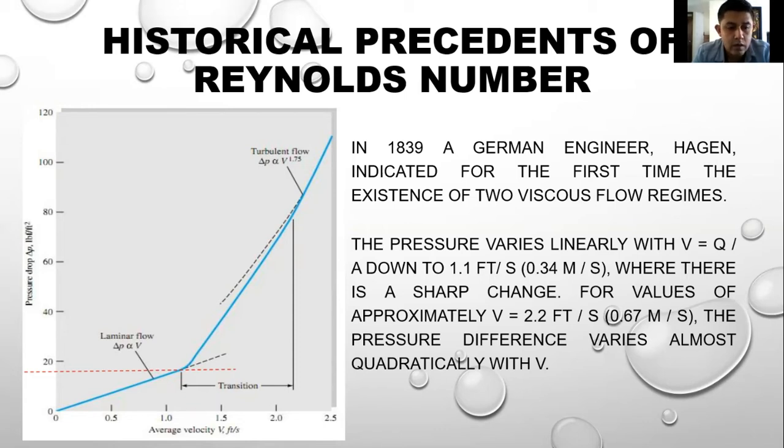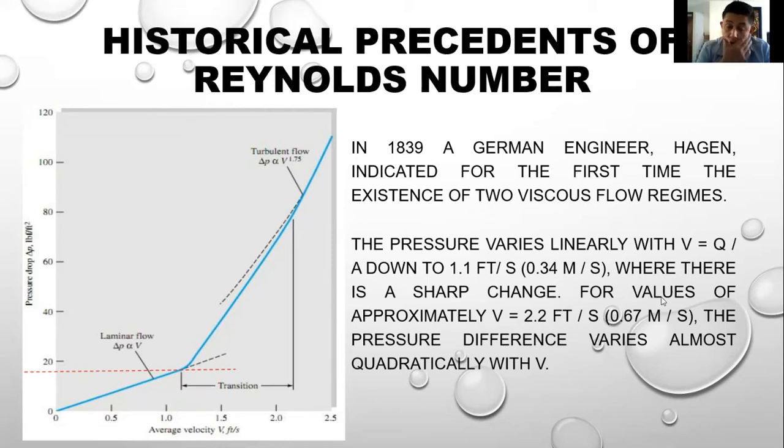Losses changed when the flow passed a certain limit, when the critical Reynolds number was exceeded. The pressure varies linearly with the velocity in laminar flow. Below 1.1 it's laminar flow, between 1.1 and 2.2 the transition is critical, and above 2.2 it's turbulent flow.